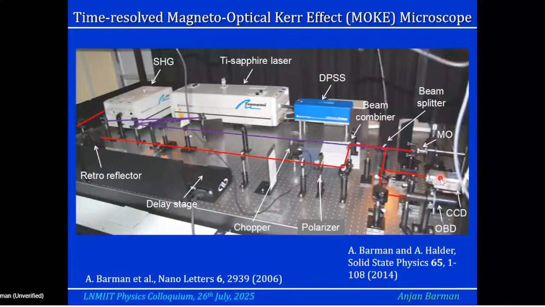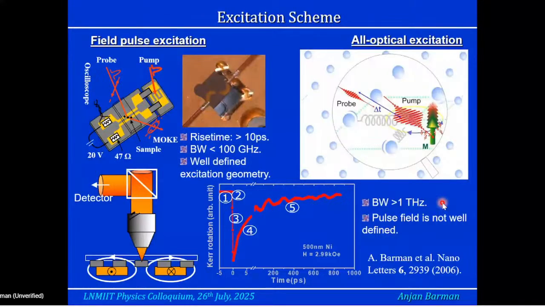So everything is shown. And the excitation scheme, like I said, can be electrical, using a coplanar waveguide, or it can be all-optical, as I will describe later. And you can see the detected signal like that. There is a negative delay. This is zero delay, when pump and probe arrive at the sample exactly at the same time.